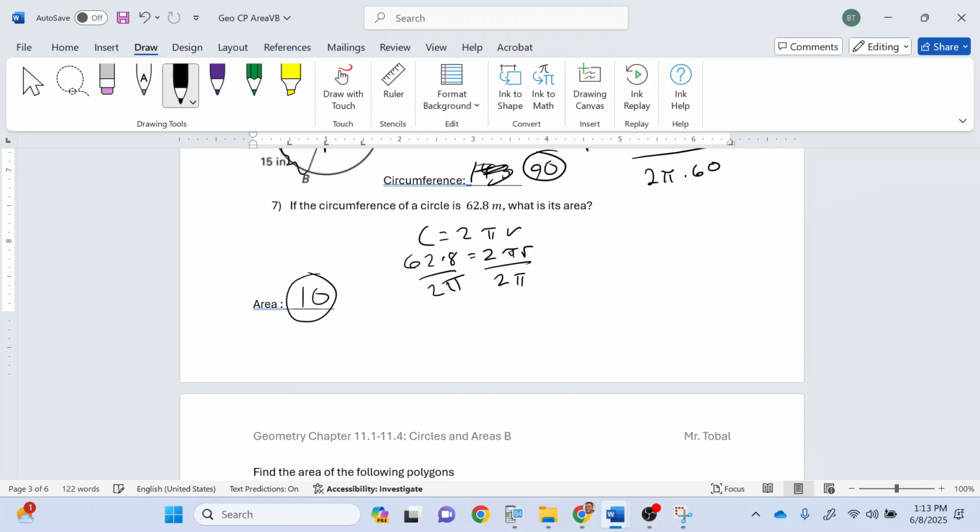I guess I made it on purpose, so it's a clean number. Well, I'm sorry, 10 is r. So r equals 10. Then I'm going to take r and plug it into my area. So my area is pi r squared, or 10 squared times pi, or 100 times pi, or 314 if I do 3.14.